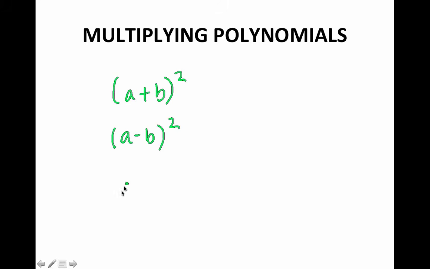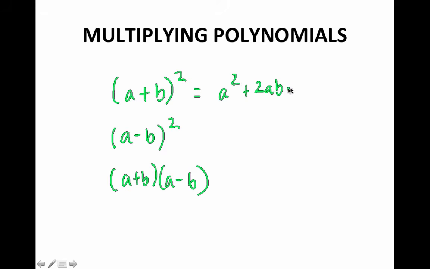Sometimes we have a binomial squared, and sometimes we have the difference, a binomial, but we change the sign. And so there are special patterns here. And earlier, in your previous class, you might not have emphasized the memorization of these patterns, but it will really save you time if you memorize these patterns.